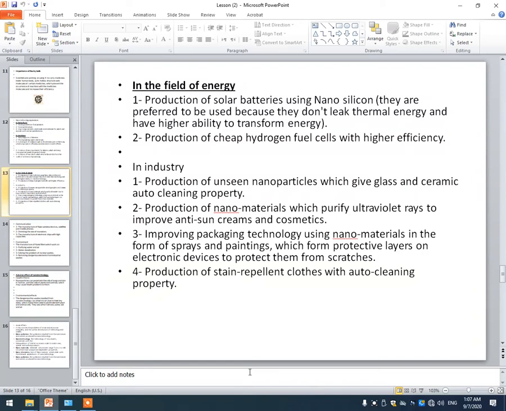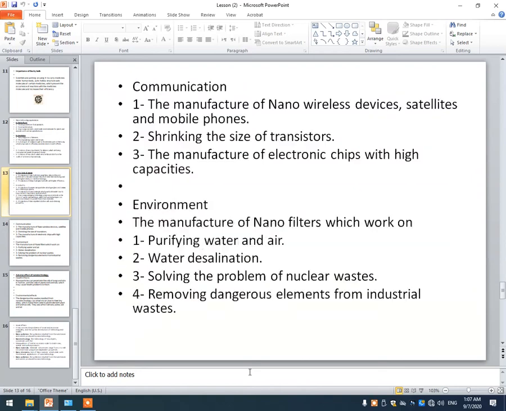Number three, improving packaging technology using nanomaterials in the form of sprays and paintings, which form protective layers on electronic devices to protect them from scratches. Number four, production of stain repellent clothes with auto-cleaning property.